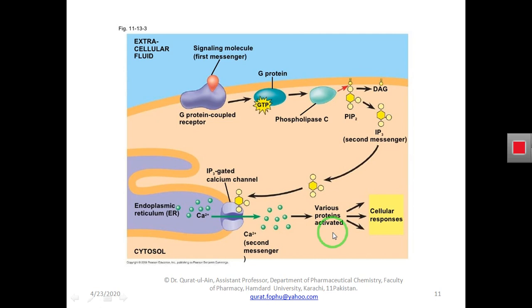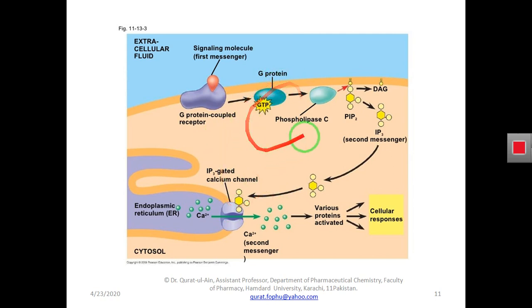And what is the cellular response of calcium in the skeletal muscles? It will enable the muscles to contract. So this is one function of the G protein. I told you in my previous slide that the G protein may activate phospholipase C or adenylyl cyclase.